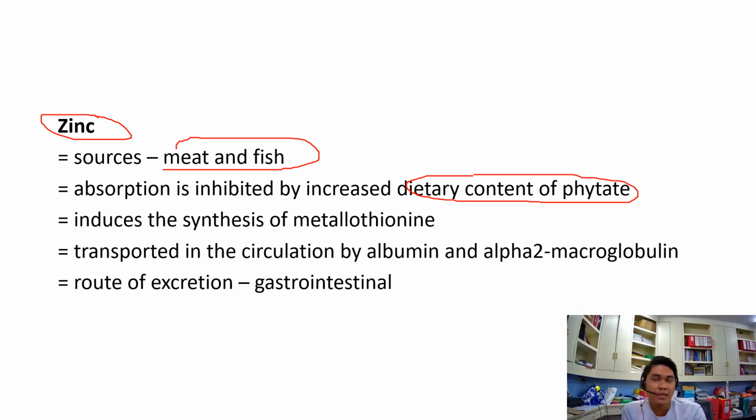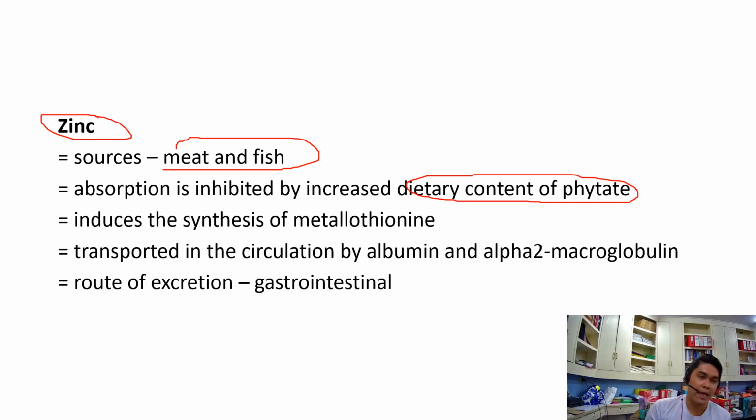So you have decreased absorption of zinc. Overconsumption of oats can cause decreased absorption of zinc because oats contain a lot of phytic acid. Regarding phytate, phytic acid, that's the principal storage form of phosphorus.